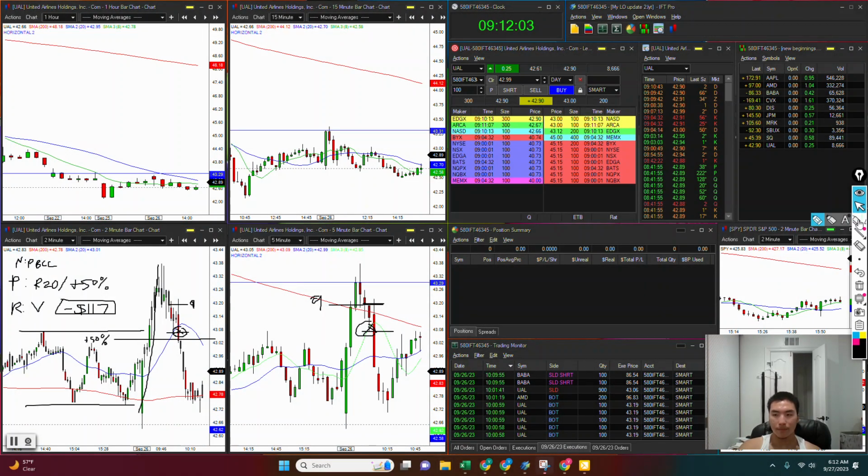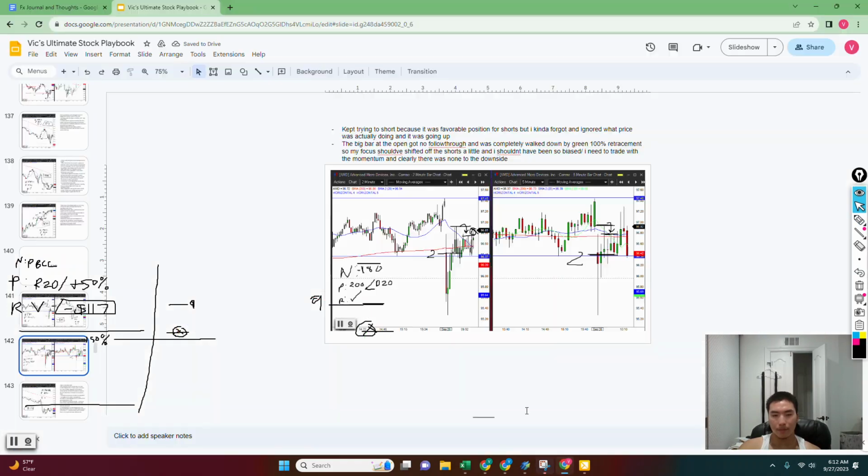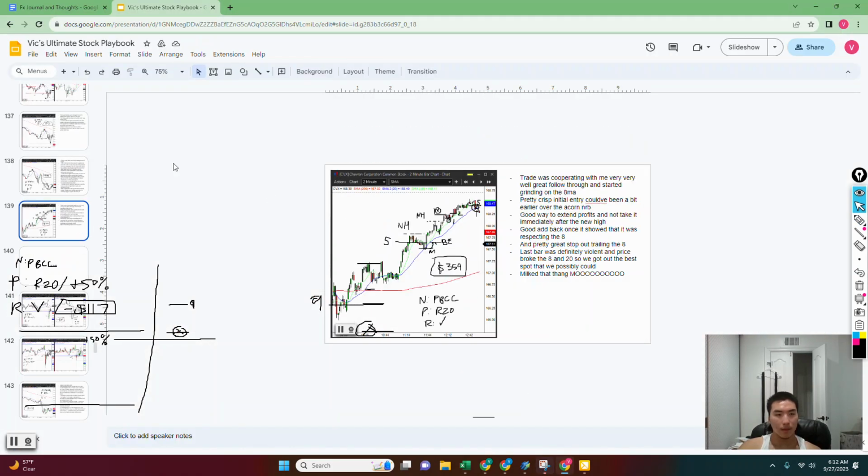Yeah. I was thinking this would be great if it followed through right away, but it kind of got trapped in this zone. It did clear above, right? Obviously, but didn't end up being enough. I'm not gonna put this in bad.